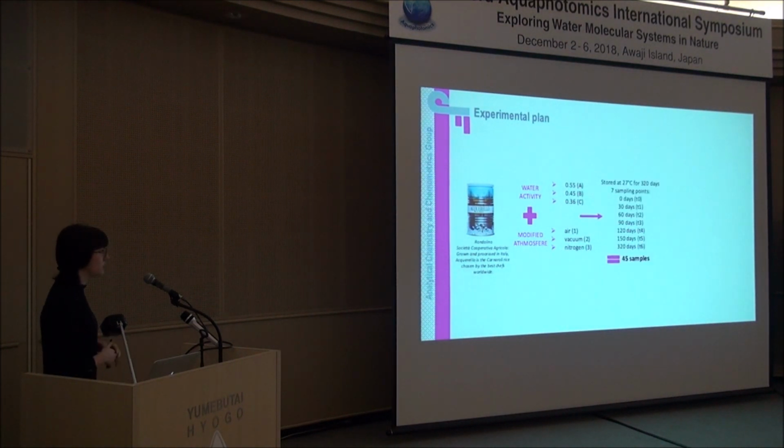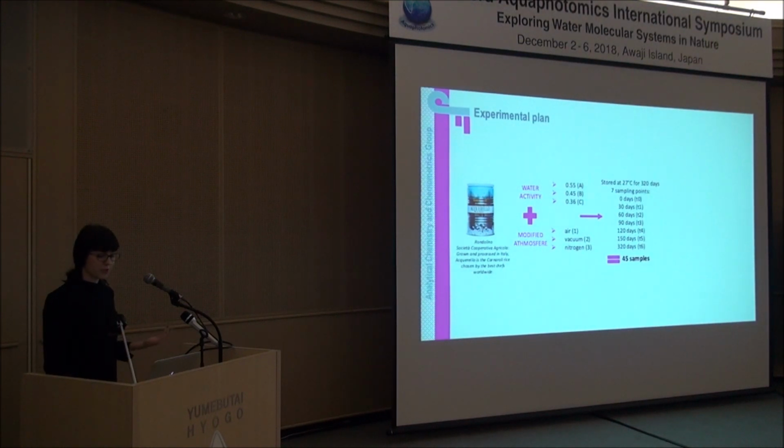Okay, then we decided to store at 27 degrees to accelerate the degradative process for 320 days. We performed 7 sampling dates. The first one is T0, that is the time before packaging, and from T1 until T6 are the sampling dates in which rice germ was packed.